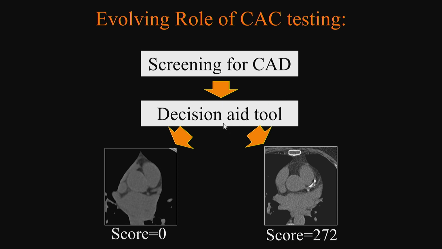And now, in the era where statins are becoming much more prevalent and certainly have a much wider role based on the 2013 statin guidelines, we now use calcium scoring selectively as a decision aid tool when patients, or perhaps when clinicians, are uncertain about a patient's risk, or perhaps a patient actually meets the criteria to be on a statin, but has a preference to avoid that. If a calcium score finds that their score is 0, and as a result they have a very low risk, they may choose to focus on lifestyle therapies.